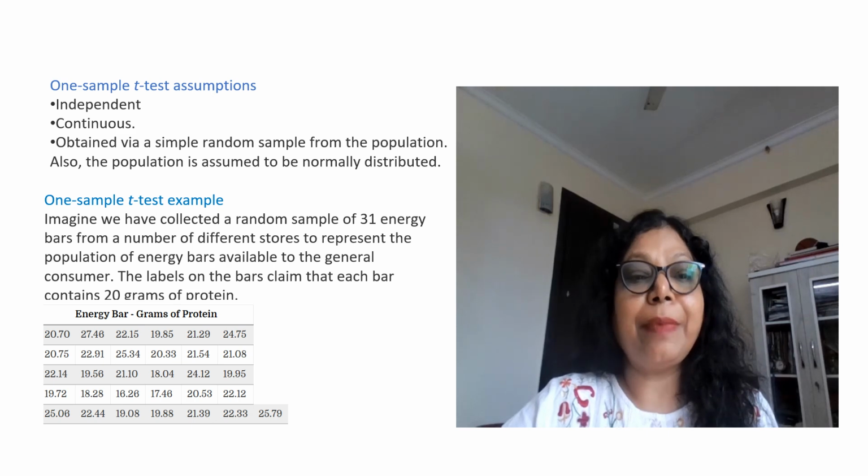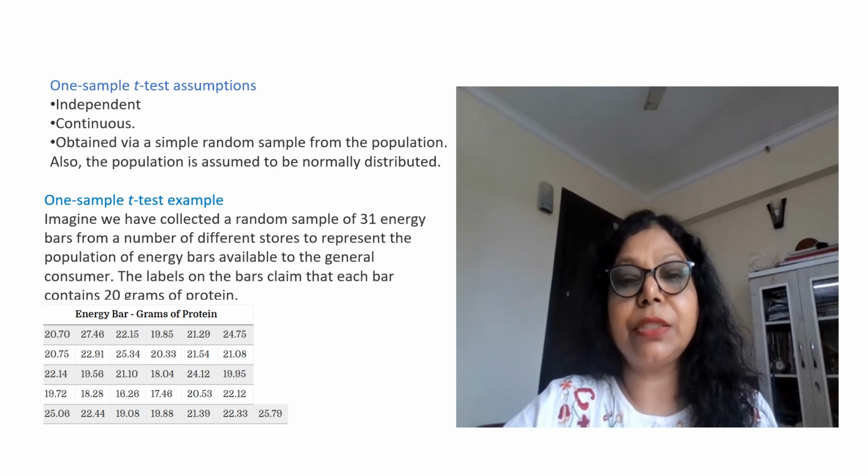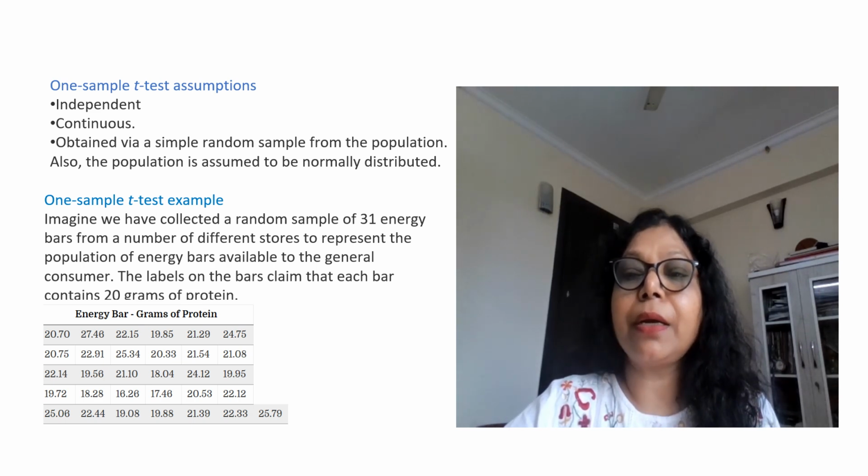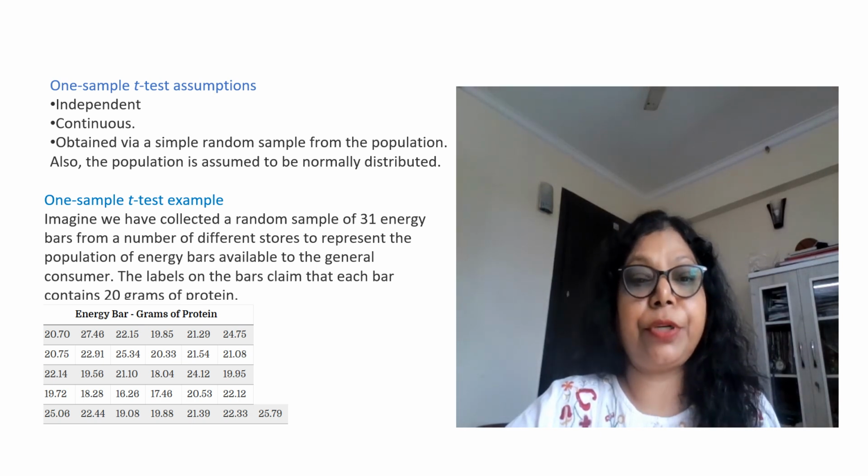Imagine that we have collected a random sample of 31 energy bars from different stores to represent the population of energy bars available to the general consumer. The labels on the bars claim that each bar contains 20 grams of protein. As we can see here in the table, the energy bars and the grams of protein are given.